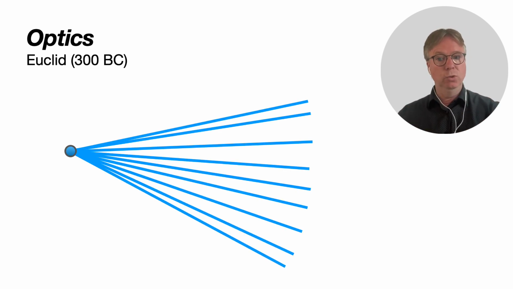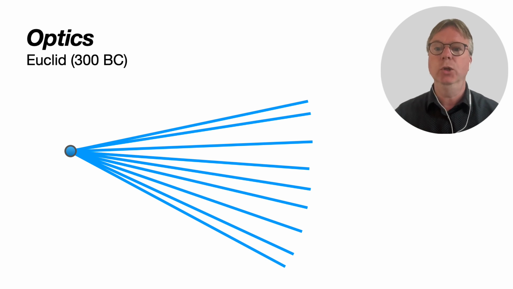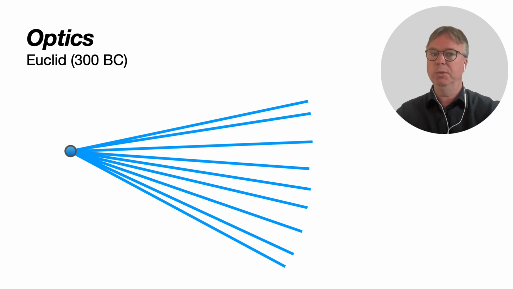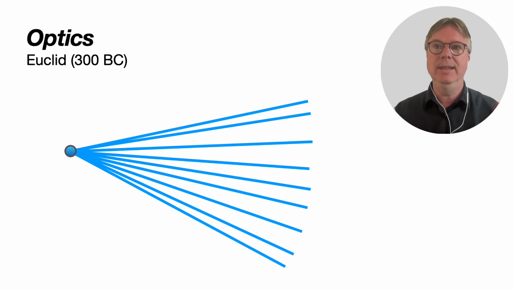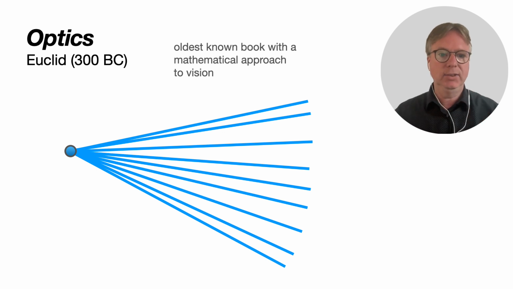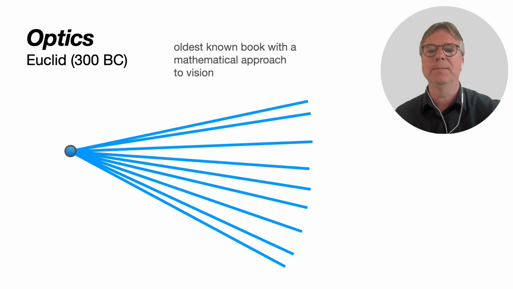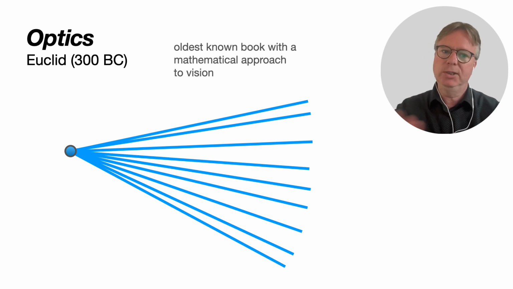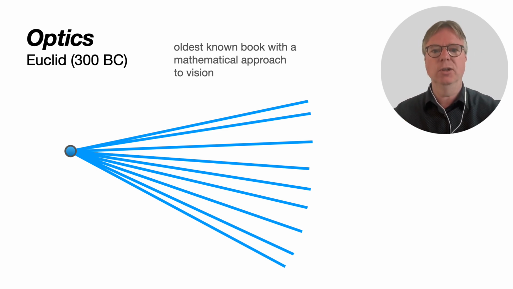So let's move to optics, and I want to mention Euclid, who is famous for the Elements, the geometry book for the last 2 millennia. He also wrote a book on optics, and it's the oldest known book that has some sort of mathematical theory on vision. So that's why I'm interested in it. He also formulated it in terms of postulates.